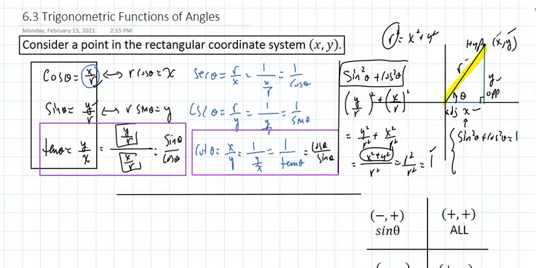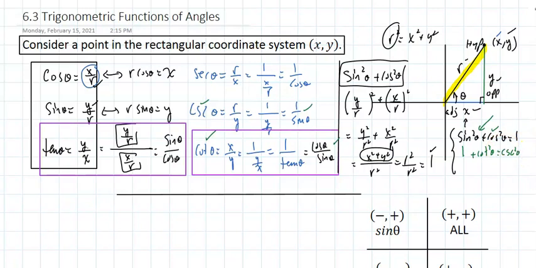Now, if I divide this first equation by sine squared, sine squared over sine squared is 1. Cosine over sine, we agreed that was the cotan. And 1 over sine, we agreed that is the cosecant.